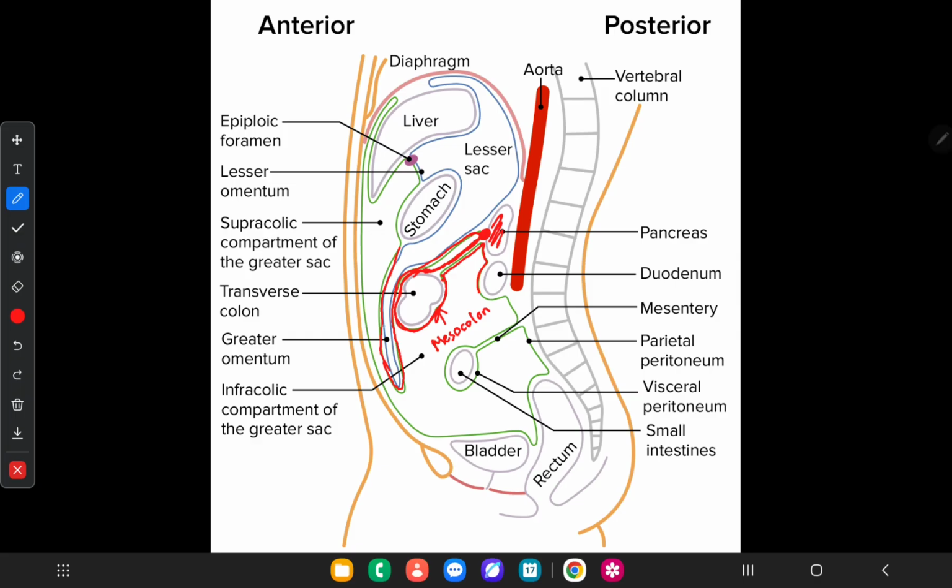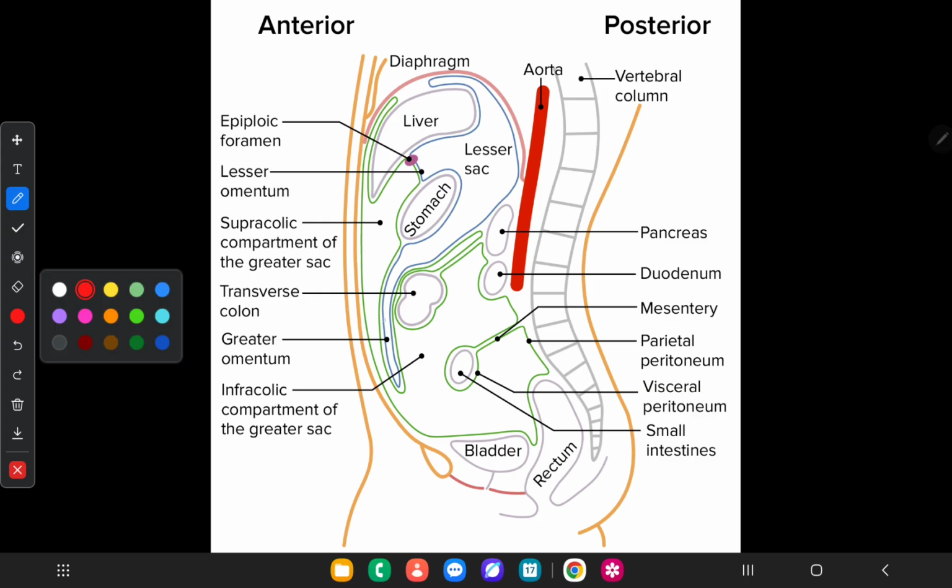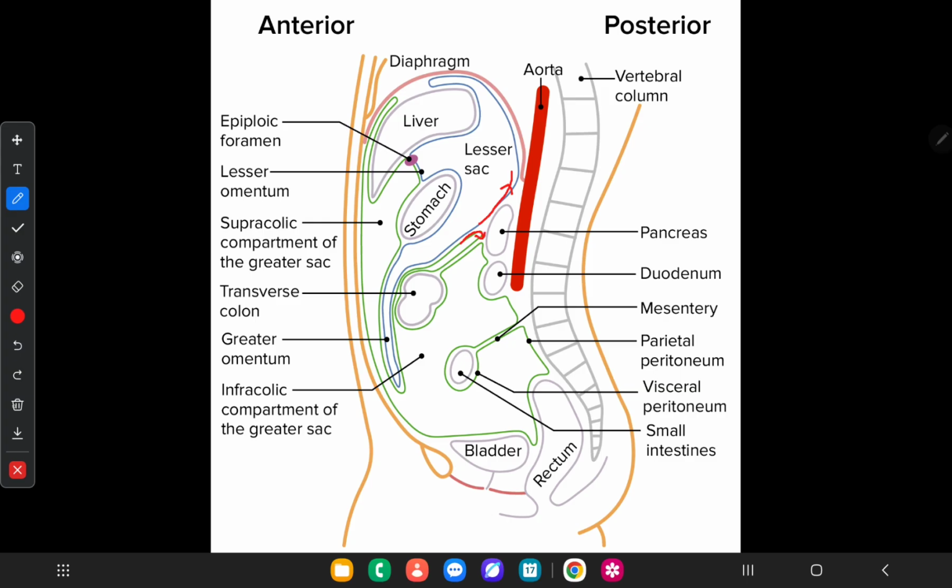As I told you earlier, the greater omentum comes as two layers. Here one is the blue line and the other one is the green line. You can see those two layers, one layer goes upwards like this and the other one goes downwards like this.